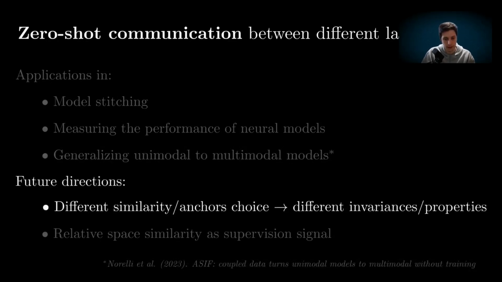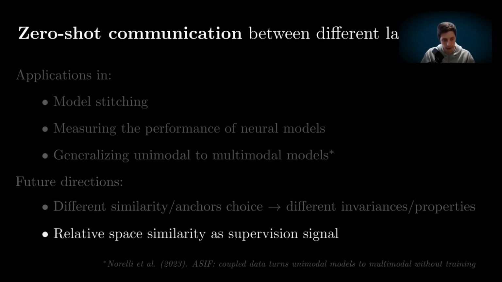Further directions are exploring, for example, different invariances or properties infused by different similarity functions or anchor choices. Remember that we have chosen the cosine similarity, thus we are invariant to angle-preserving transformations.